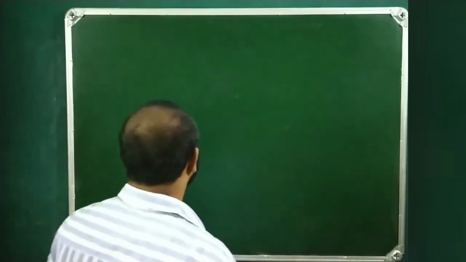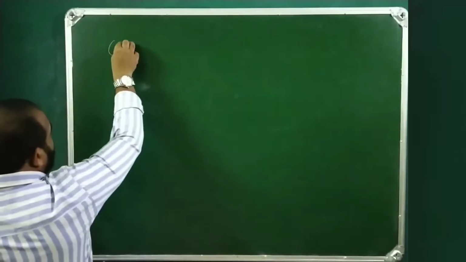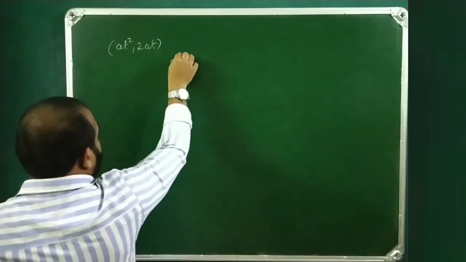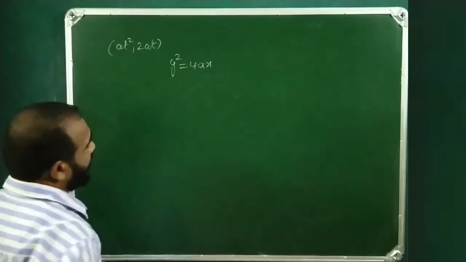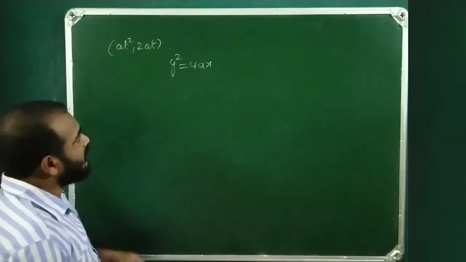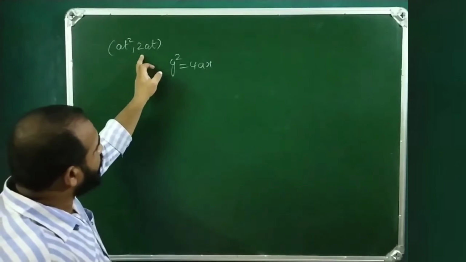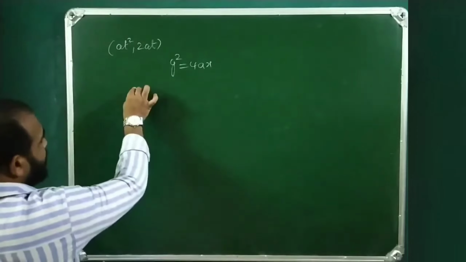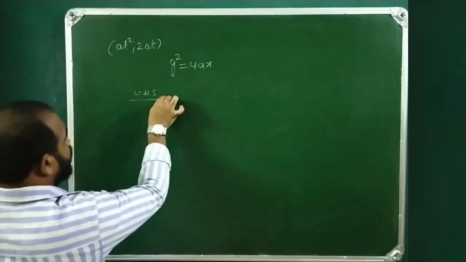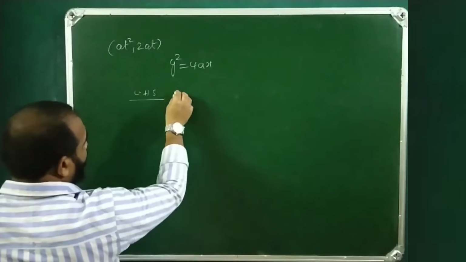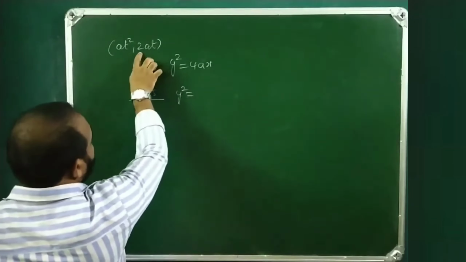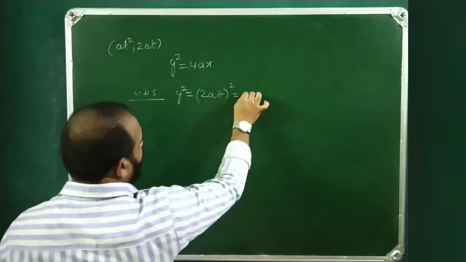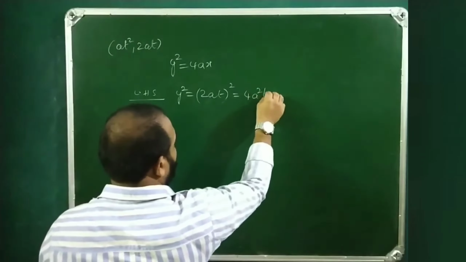Now see, if you consider the point (at square, 2at) and substitute it in the parabola y square equals 4ax, this equation will be satisfied. For example, LHS: y square is equal to (2at) whole square, which equals 4a square t square.